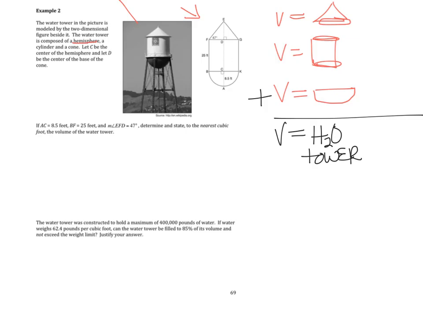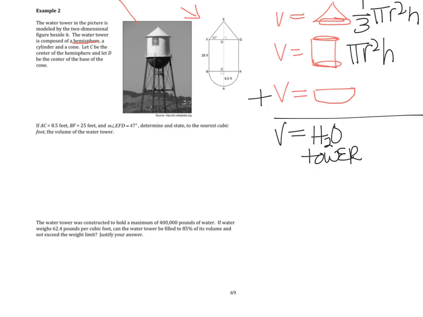The volume formula for a cone is 1/3 pi r squared times h. A cylinder is pi r squared times h.